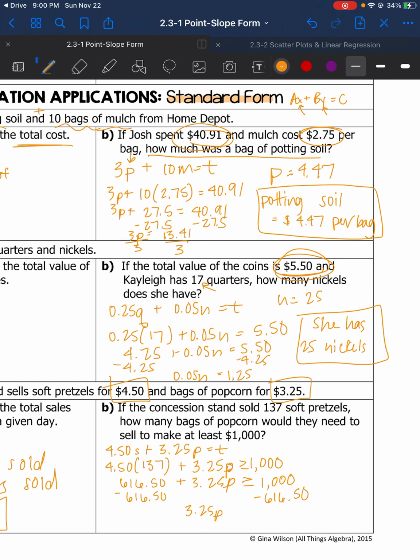Then we'll get 3.25p is greater than or equal to 383.50. Then to get p by itself, we're going to divide by 3.25. We get p is greater than or equal to 118. So that means they have to sell at least 118 bags of popcorn in order to make their $1,000.